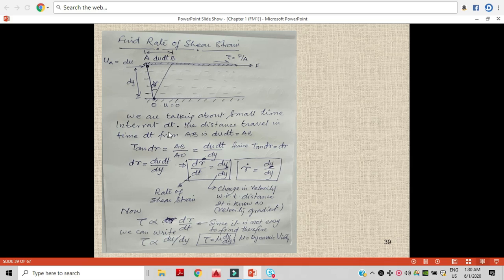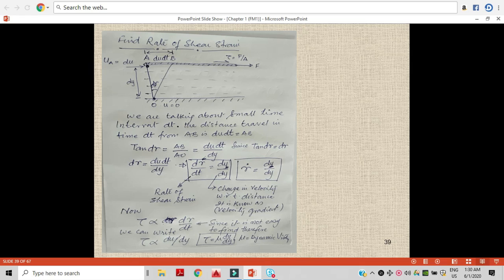We know that S is equal to Vt. This is our velocity and this is our time dt. If you multiply them together, you know how much distance has been traveled from A to B. So the distance traveled AB is equal to du times dt. Now d gamma is the change in strain, a very small strain.